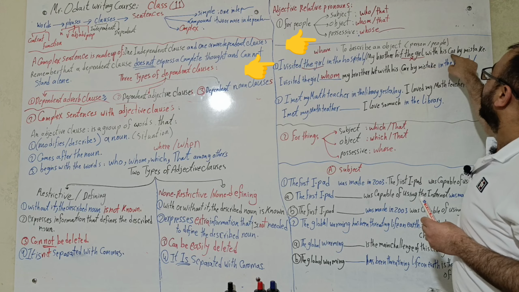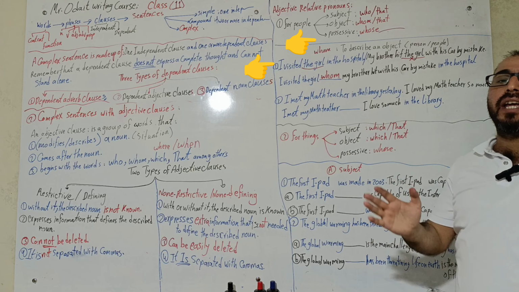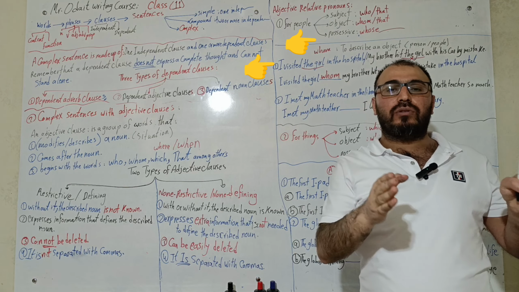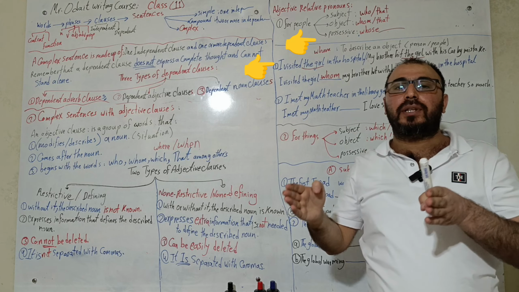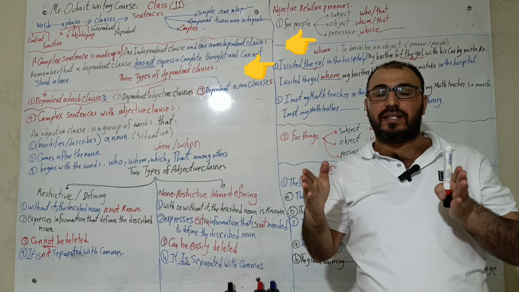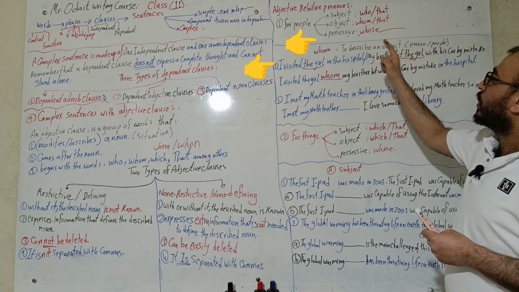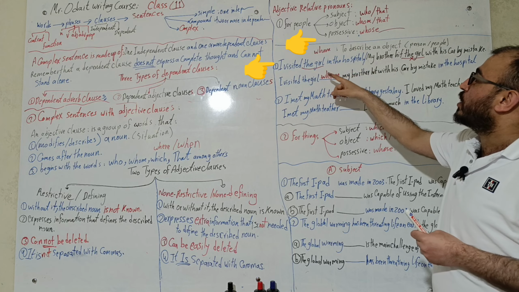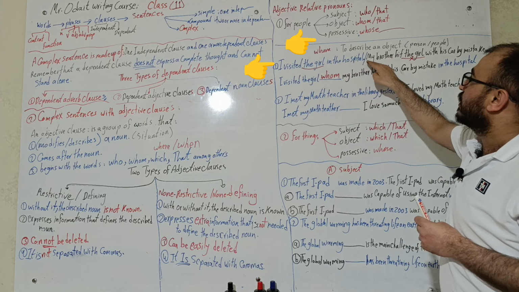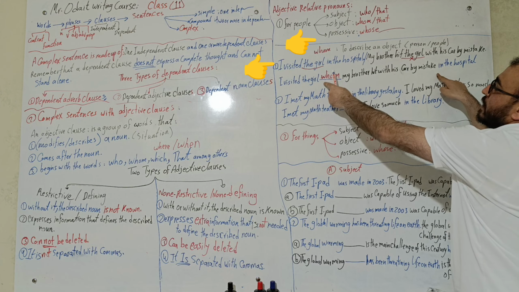I carry on with his car by mistake in the hospital. Again, my friends, when I want to transfer two independent clauses or two simple sentences inside one complex sentence by transferring one of them into a dependent clause, when the repeated noun is an object, I write the first simple sentence as it is and I keep a space.